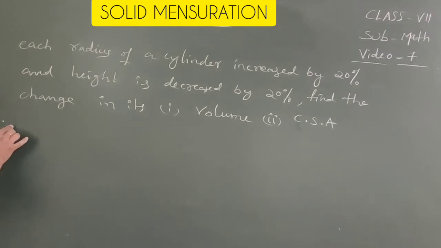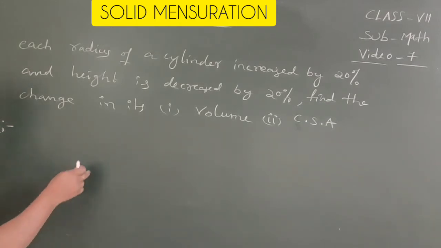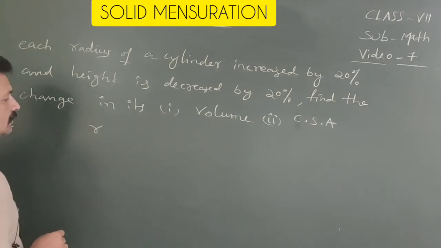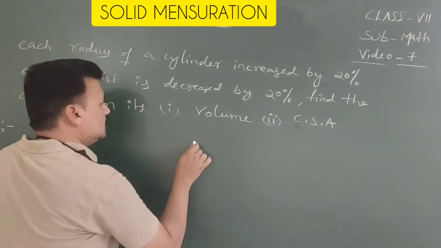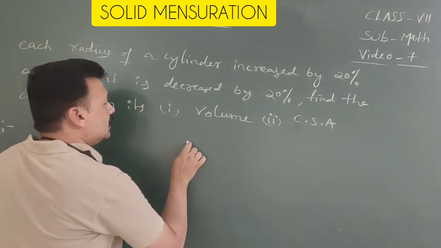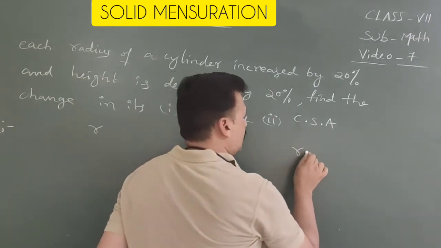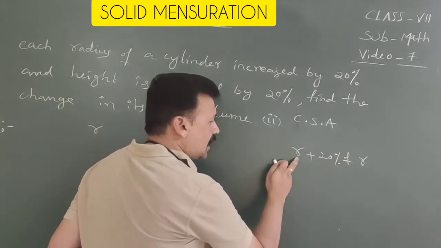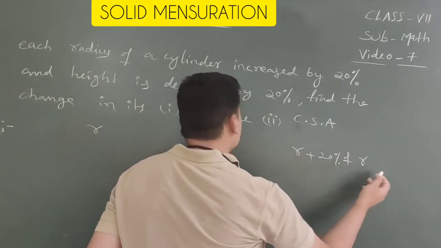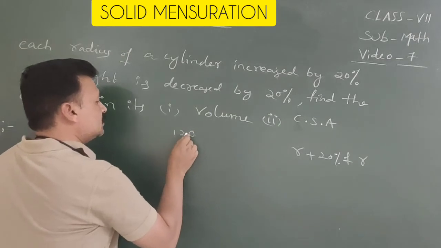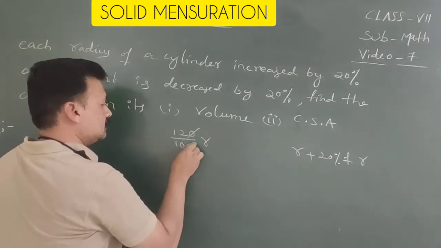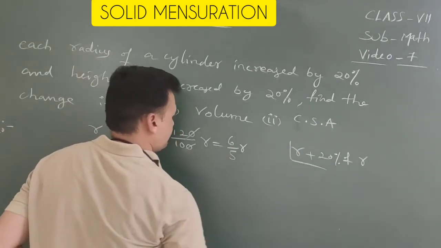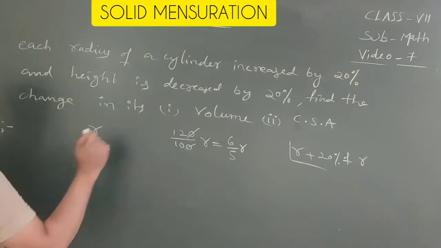Here we need to compare the old one and the new one. In general, we have radius R only. Here the new radius R is increased by 20%, meaning R plus 20% of R. Here R means 100%, 20 more, in total 120%, meaning 120 by 100 R. That is 6 by 5 R, the new one.